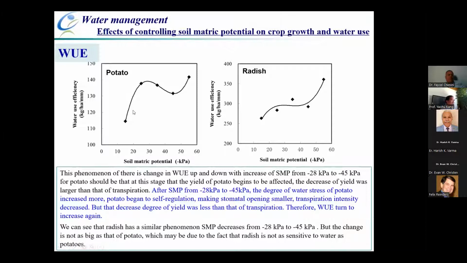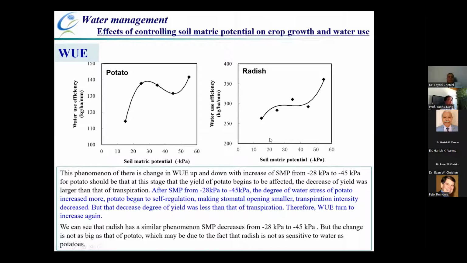So it is very interesting, the water use efficiency, and this curve is very interesting. Yesterday, Dr. Waba and I discussed this curve. The water use efficiency increases as the soil matric potential increases, and at minus 28 kilopascals it turns to decrease, and then at about minus 45 kilopascals it turns to increase again.